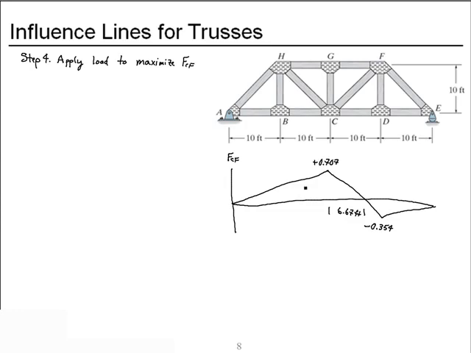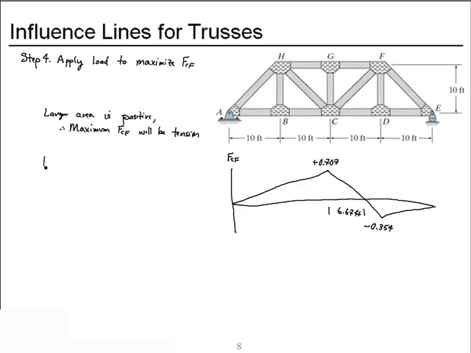And since the positive area is much larger, the maximum force in CF will be tension. If the negative area was larger, then the maximum force in CF would have been compression.